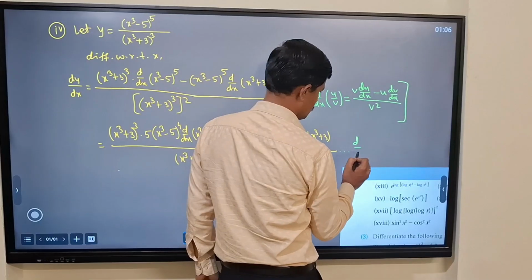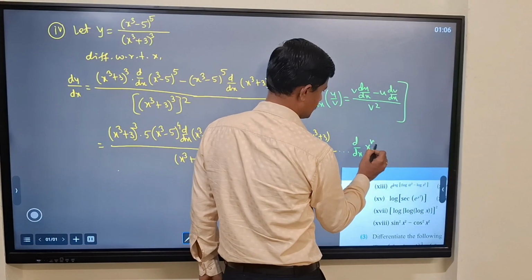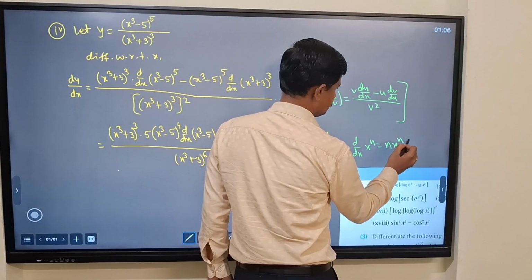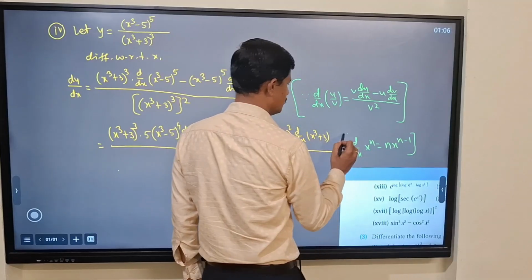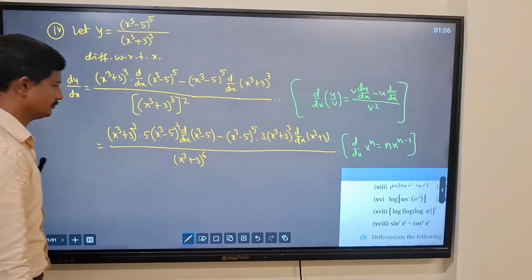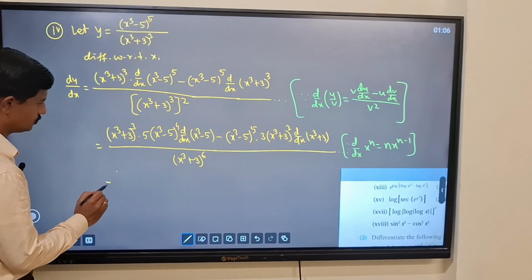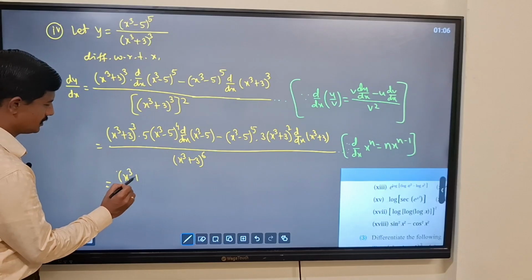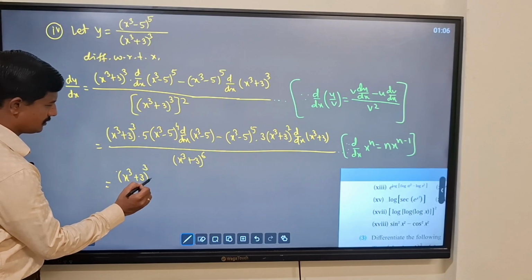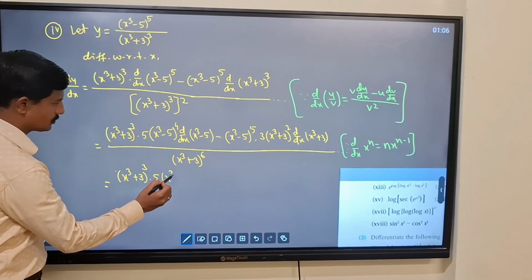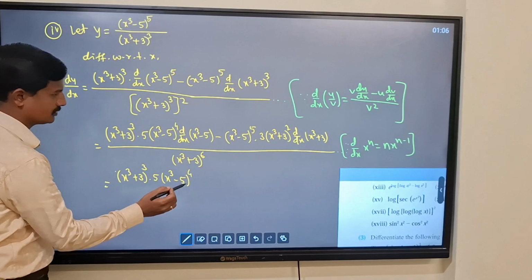Here which rule are we using? d dx of x raised to n is n x raised to n minus 1. Now this becomes x cube plus 3 into 5 x cube minus 5 raised to 4.